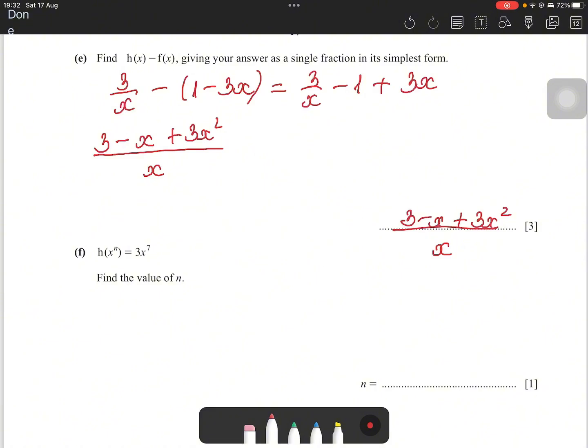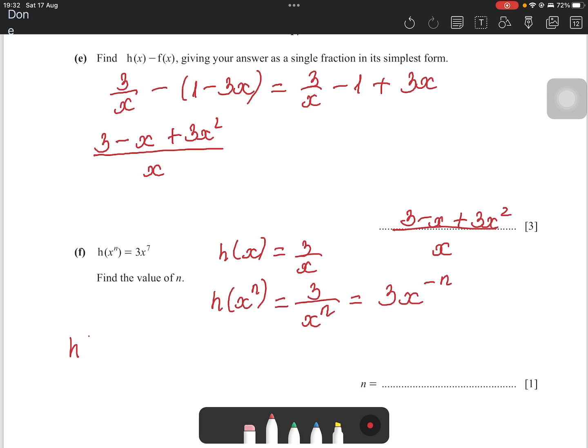F. h of x to the power of n is equal to 3 times x to the power of 7. You know h of x is 3 over x. So h of x to the power of n is equal to 3 over x to the power of n. And this one means 3 multiplied by x to the power of negative n.